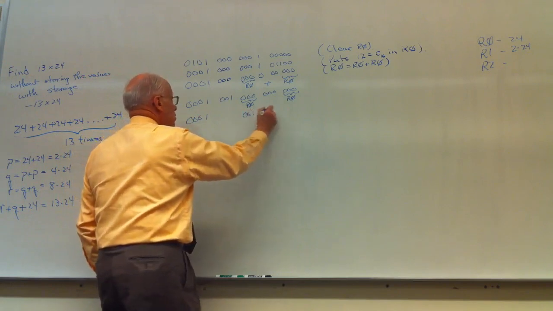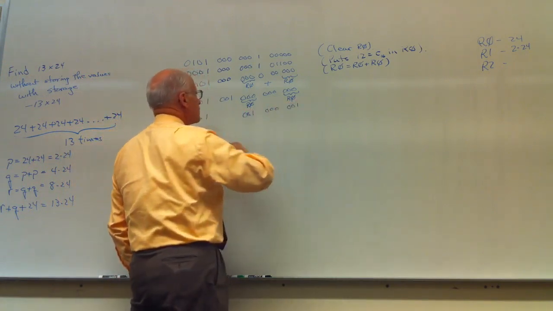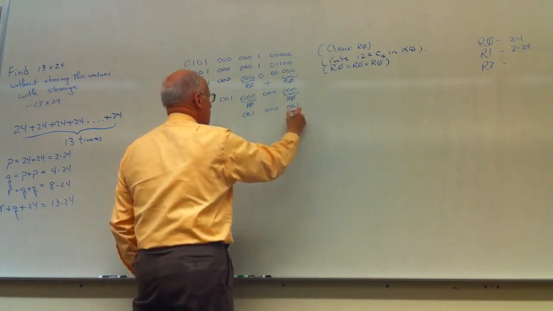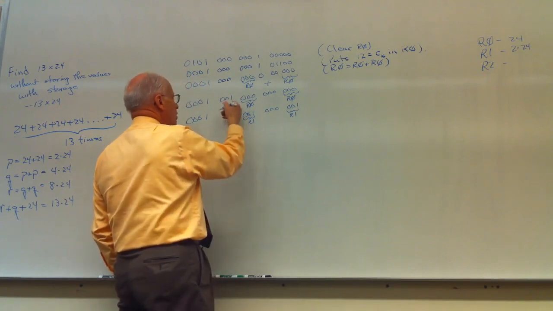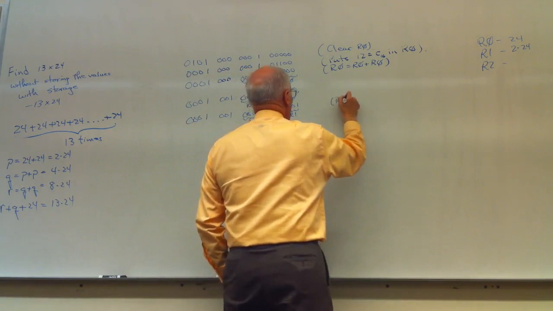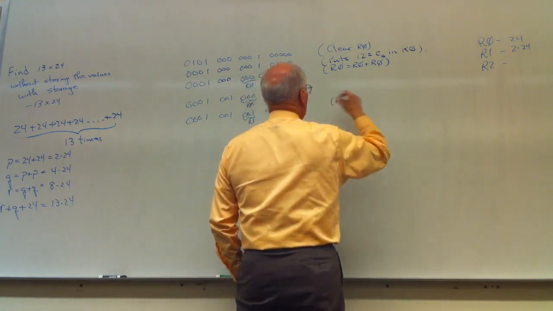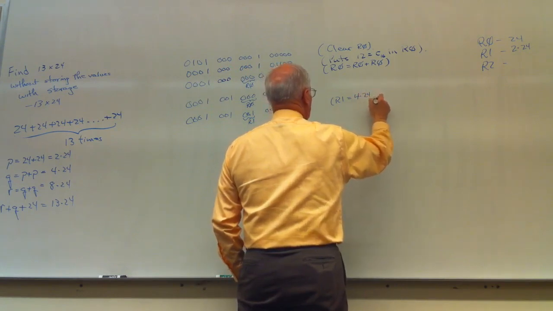I can take register 1 plus register 1. And since I don't need that value, I'll just put this back in here. So now register 1 is actually going to be equal to 4 times 24.